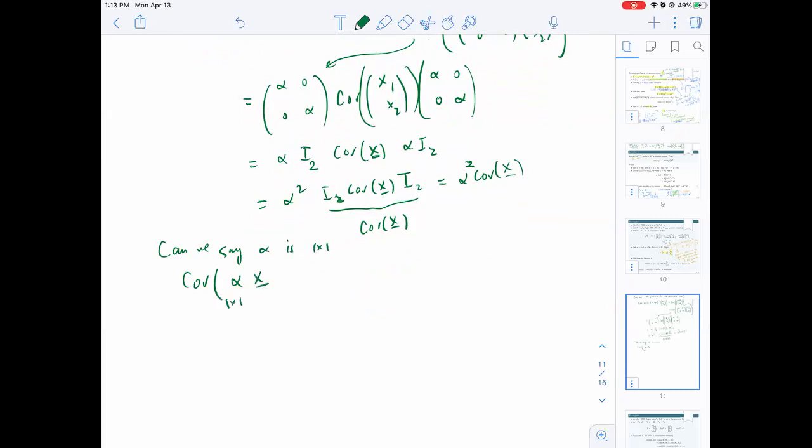And this is 2 by 1. Can we use the lemma, say this is alpha covariance of x, alpha transpose? You can't, because you can't multiply alpha and x there, because the dimensions don't correspond.